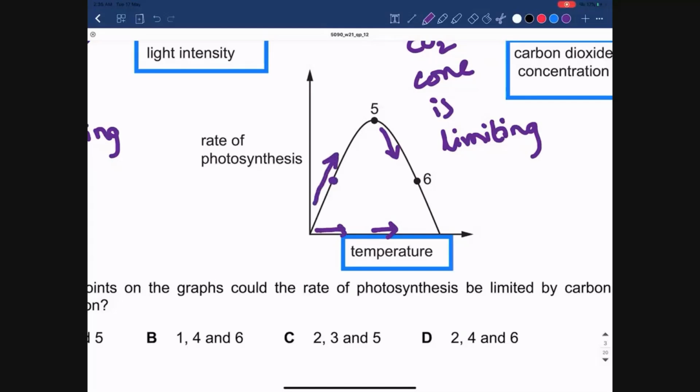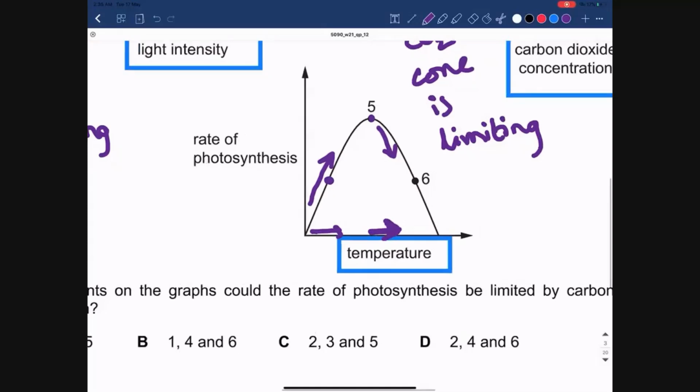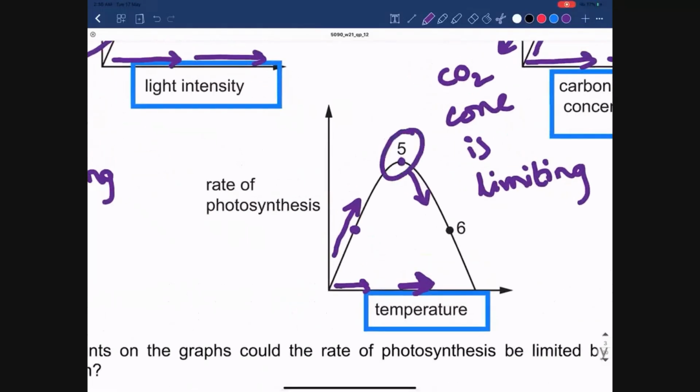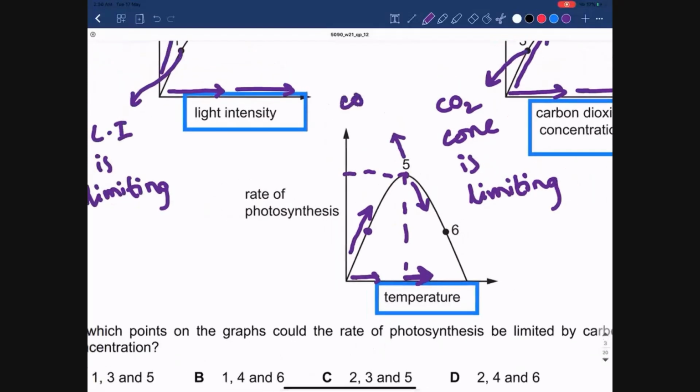So at this point, temperature is definitely a limiting factor, but at 5, it is not a limiting factor, because beyond this point, when we are increasing temperature, the rate of photosynthesis is falling and not rising. Okay, and we can also say that point 5 is the optimum temperature at which the rate of photosynthesis is maximum. So at optimum temperature, obviously temperature is not a limiting factor. Some other factor might be limiting. So CO2 concentration or light intensity are limiting. So 1 out of 2 factors.